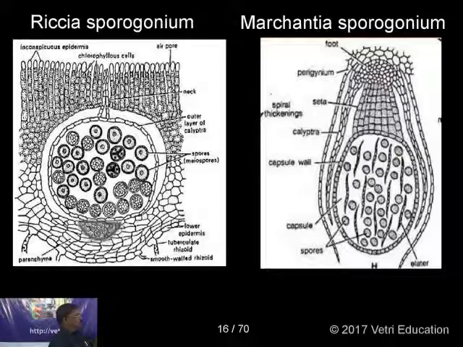Each spore mother cell undergoes reduction division and gives 4 cells. These 4 cells are arranged in a tetrahedral manner, that is, on one side you get 3 spores and the remaining spore is on the opposite side. These are called tetrads. After completion of the tetrad, the spores are liberated and, after finding a suitable place, they develop into gametophyte.